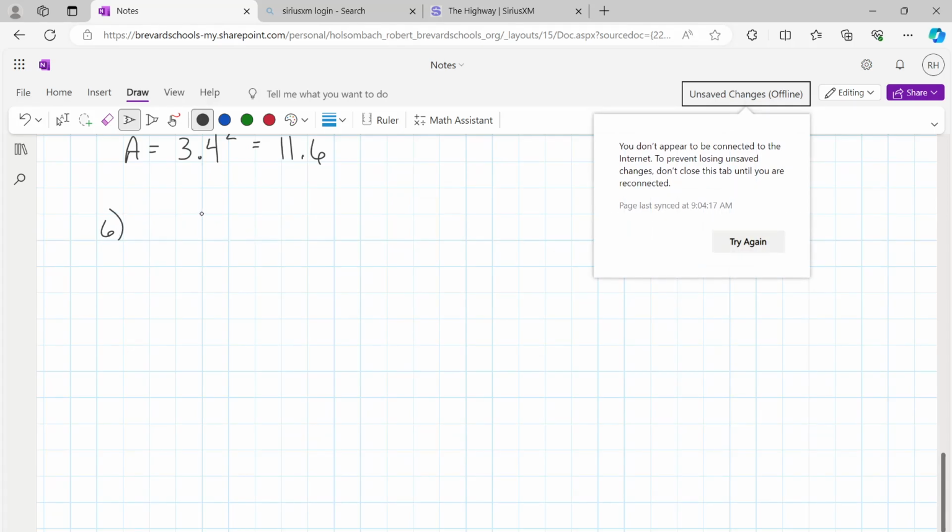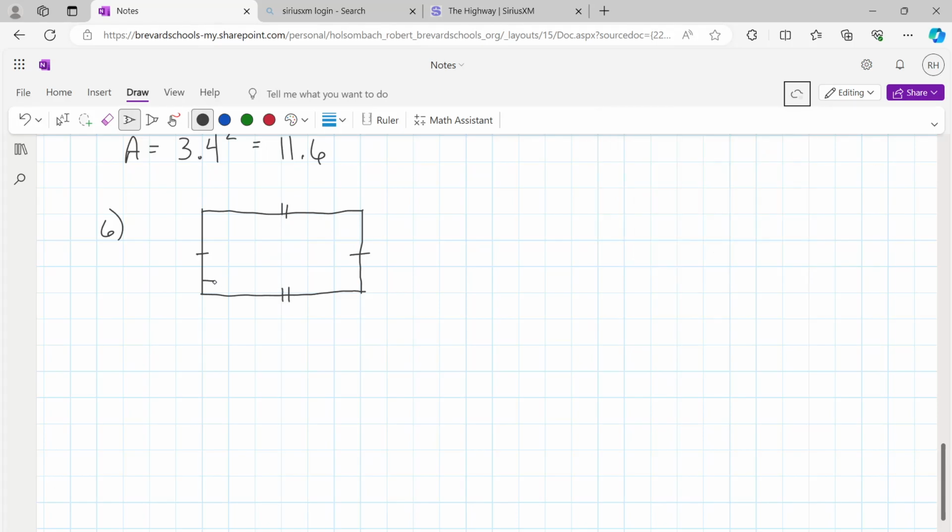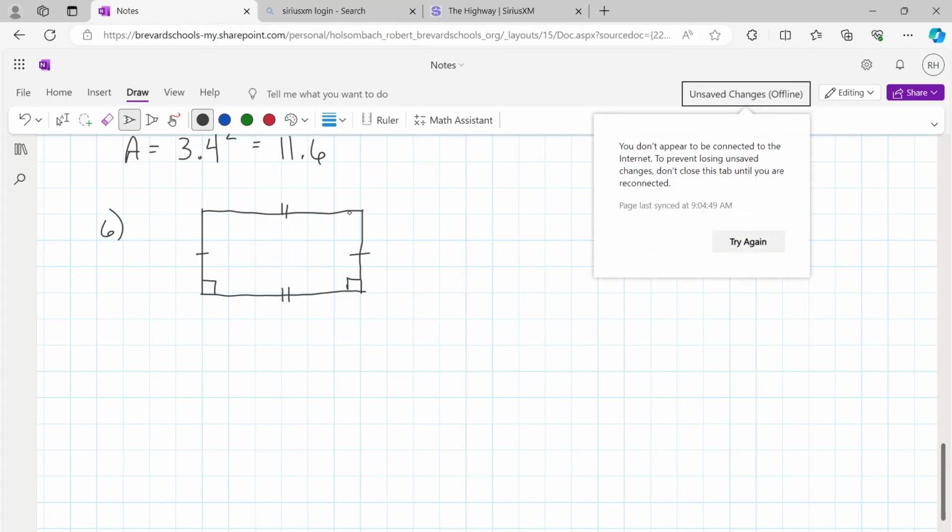And problem 6. We've got a rectangle. And the left side is 9. It's congruent to the right side. The top is 18.5. And it's congruent to the bottom.